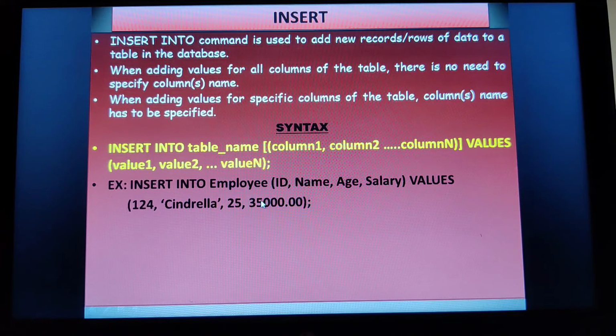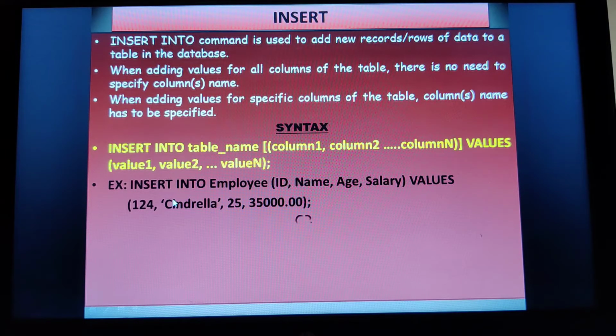So this is one way to insert values into the table, that is employee. Each value of that particular column should be separated by commas. Remember, if the values are numbers, there is no need to give single quotes. If the data type is varchar, then it has to be enclosed in single quotes.